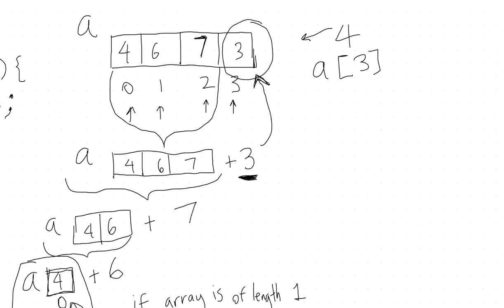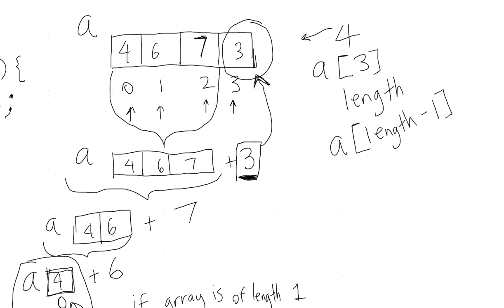But if we want to expand this to a more general case, let's say we're now just using length to keep track of the length of the array. To get the last index, since arrays are indexed starting from 0, you would just access it using A length minus 1. And that's true for arrays that are indexed by 0. So now we know that the number that we're leaving behind, we can get it using this.